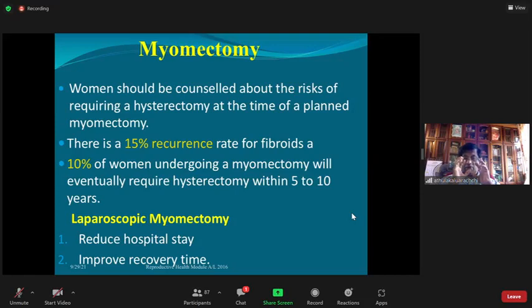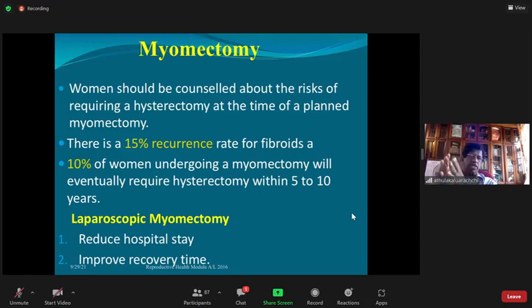Now it's important for you to tell the patient about the possibility of recurrence, especially when you counsel people in the latter part of the reproductive age group. Certainly, if the patient is 25 or 30 years, all the efforts should be to remove only the fibroids and do only a myomectomy, accepting the fact there is a 15 to 20% recurrence.